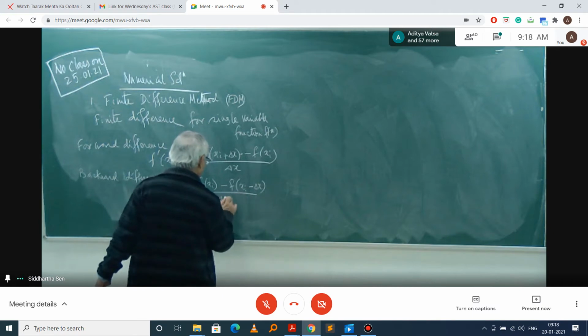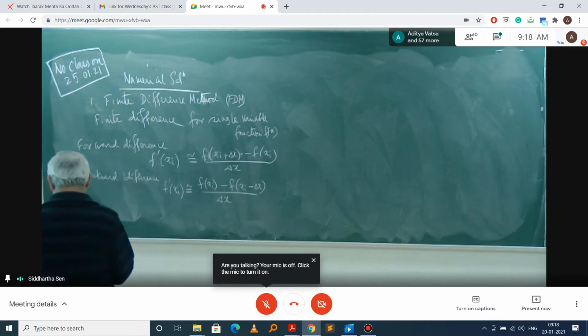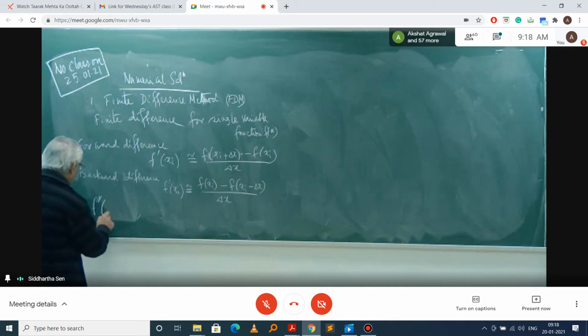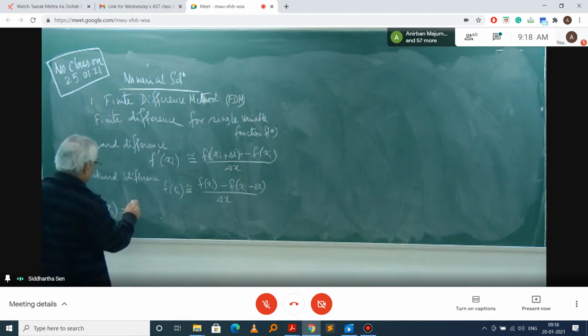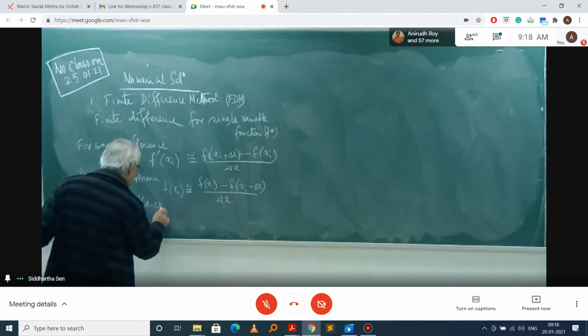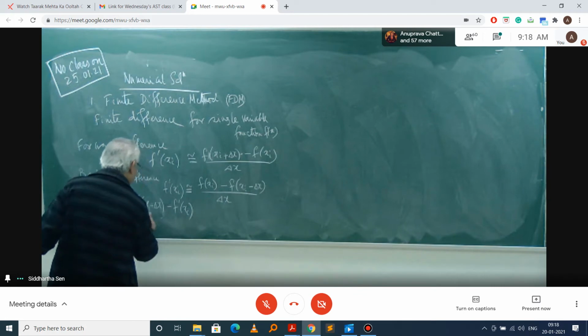Okay. So in that case, I will find out the double derivative, f double dashed xi, which is nothing but f dashed of xi plus delta x minus f dashed of xi, divided by delta x.